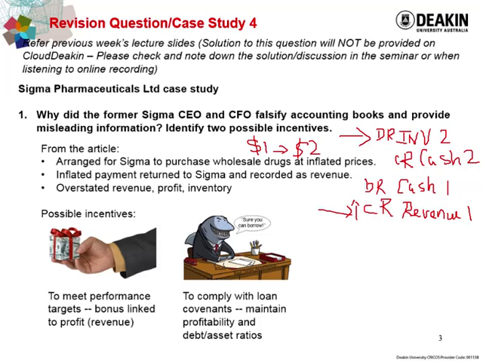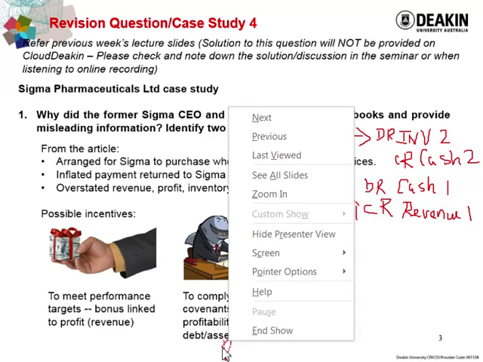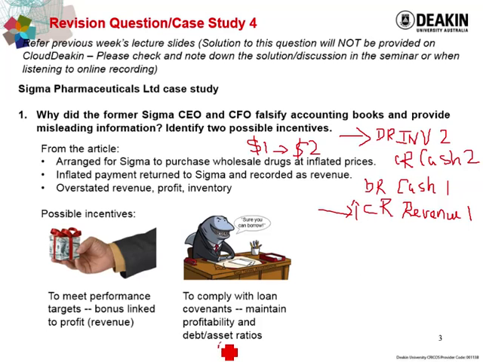So by inflating the inventory, companies are actually inflating the total asset as well. So when total asset increase, this will reduce the entire debt to asset ratio. And a lower debt to asset ratio indicates lower risk.